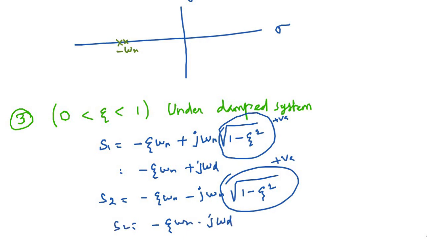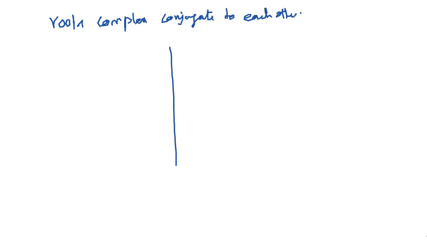If you see the nature of S1 and S2, they are complex conjugate to each other, and they have negative real part. So roots are complex conjugate to each other. So the real part is negative.